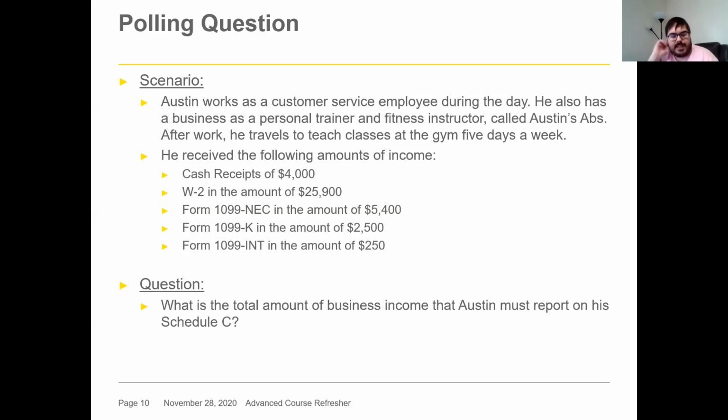Oh, I just realized there's a problem with the answer. The last one you see that says cash receipts plus 1099-K, assume that there's another plus missing for the 1099-NEC. Sorry about that.